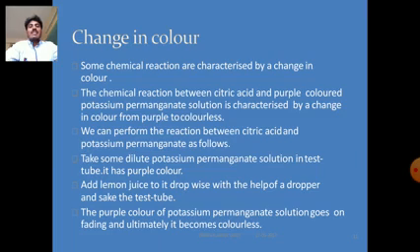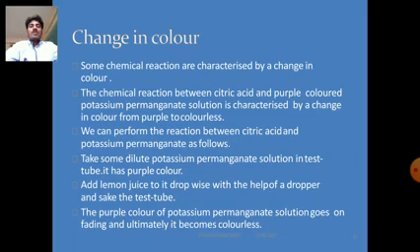The change in color. Some chemical reactions are characterized by a change in color. The chemical reaction between citric acid and purple colored potassium permanganate solution is characterized by a change in color from purple to colorless. We can perform the reaction between citric acid and potassium permanganate as follows.